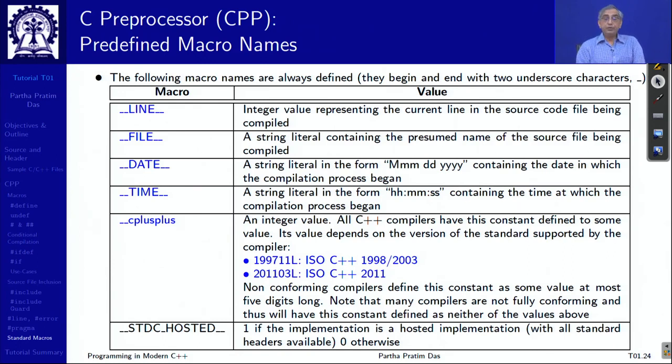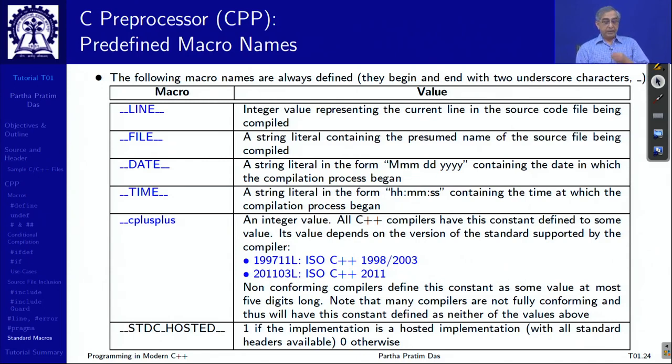Then there are some names which are predefined in the macros. One is line, which tells you the particular line where you are. One is file, which tells you the name of the translation unit that is being compiled.